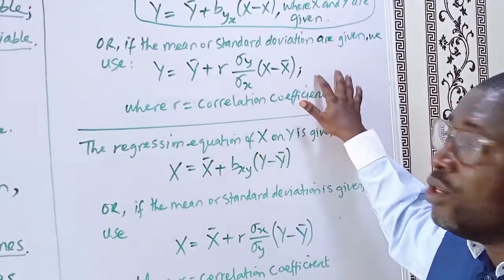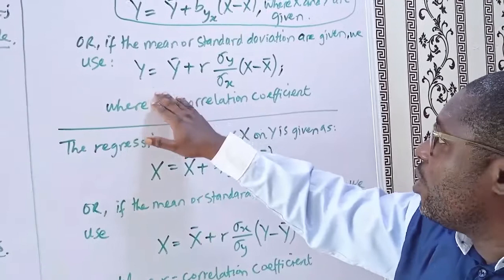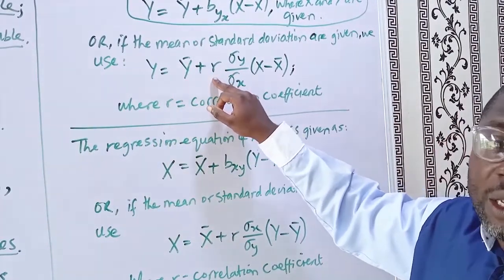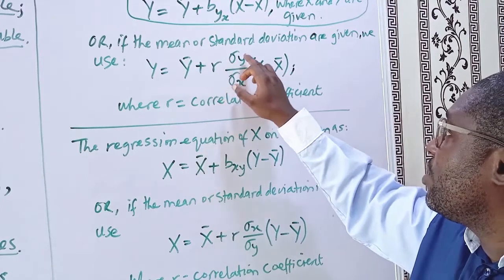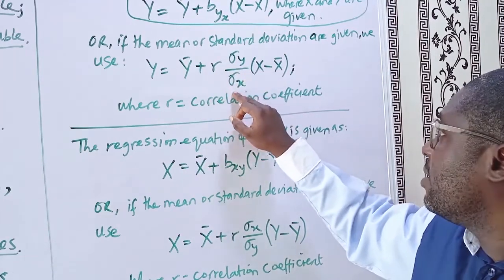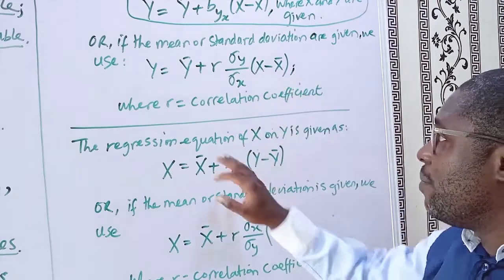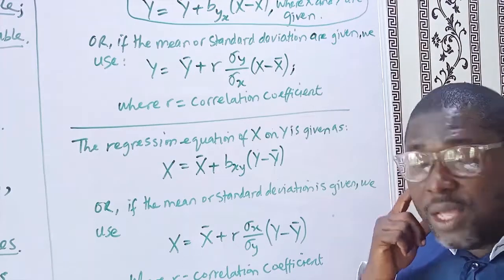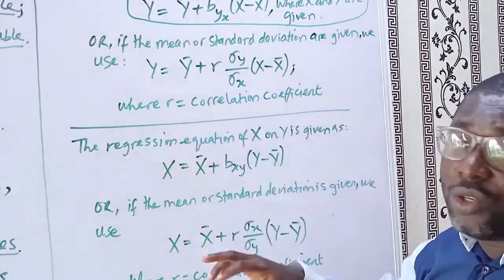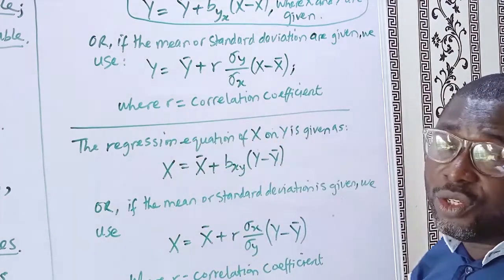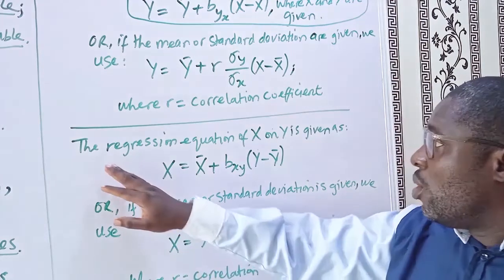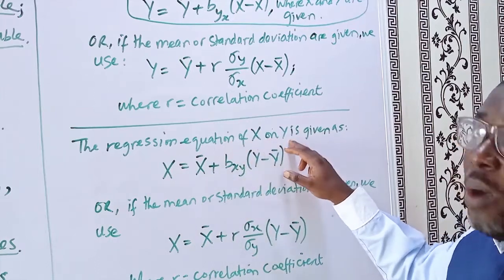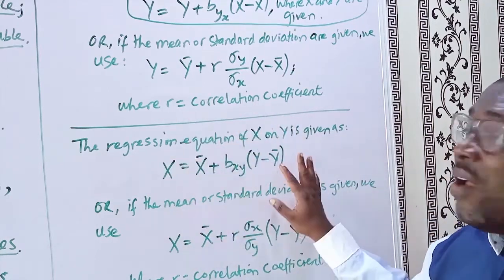This is the formula we're going to use: y equals the mean of y plus the correlation coefficient r, which you'll be given, times the standard deviation of y over the standard deviation of x, times x minus x bar. Here r is the correlation coefficient. Also, the regression equation for x, that is predicting x based on y, is given as just the reverse.